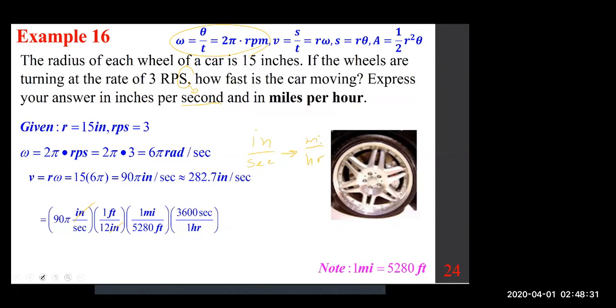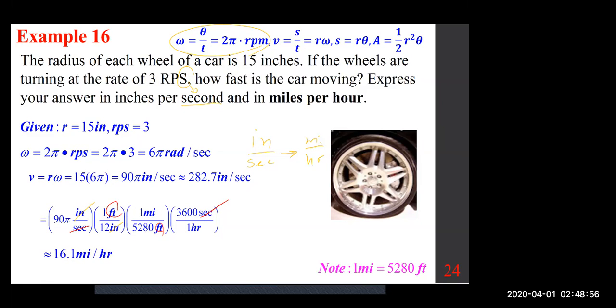Seconds. By the way, 1 hour is 60 minutes, a minute is 60 seconds, and it's 60 times 60, 3,600 seconds. And also feet, those cancel each other, and we get to the answer in miles per hour.